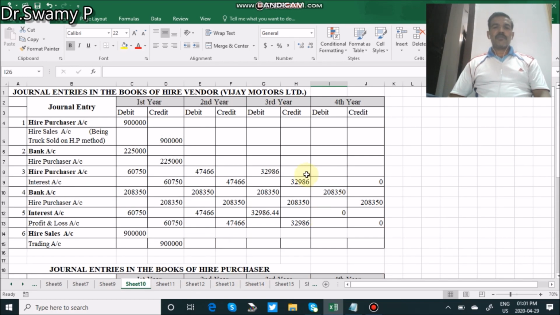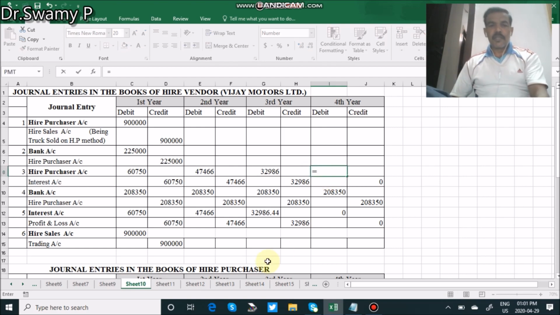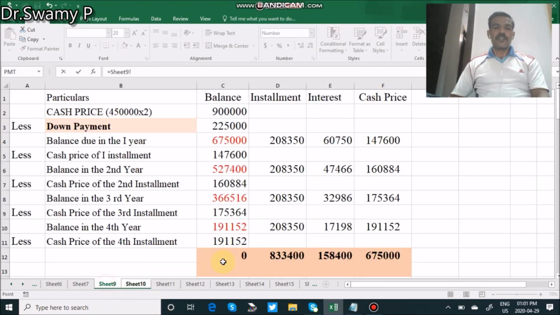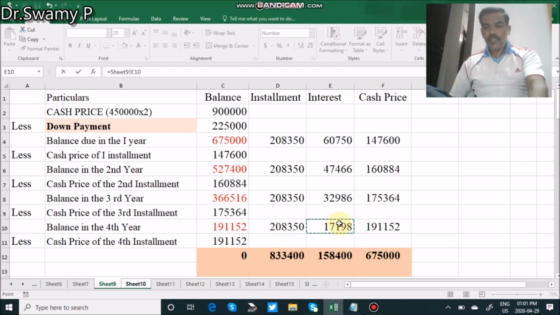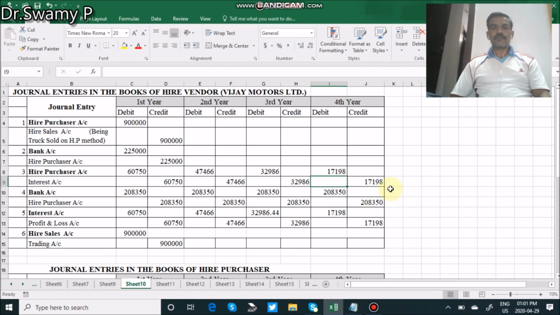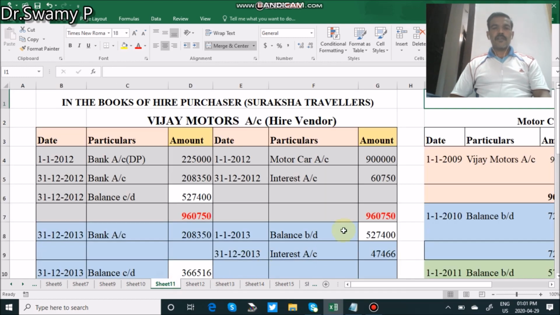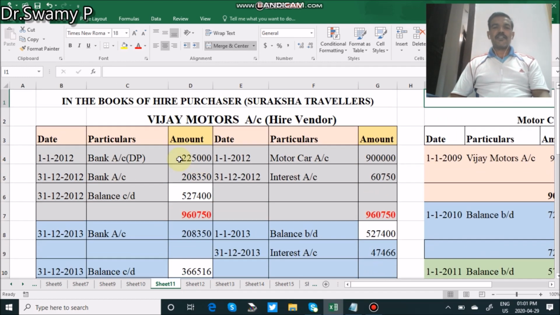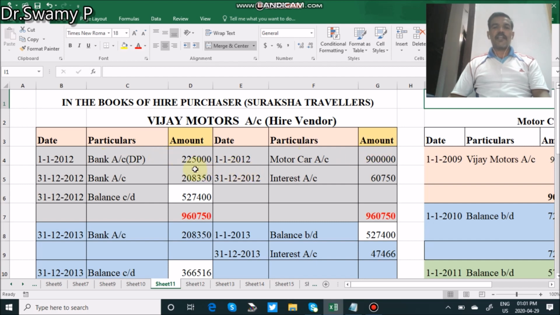The same amounts of entries are made in the journal entries in the books of the hire vendor also. The ledger account is automatically recorded. See, the ledger accounts are automatically recorded in the books of the hire purchaser, Vijay Motors Limited. First journal entry, at the time of purchasing the asset, cash price.